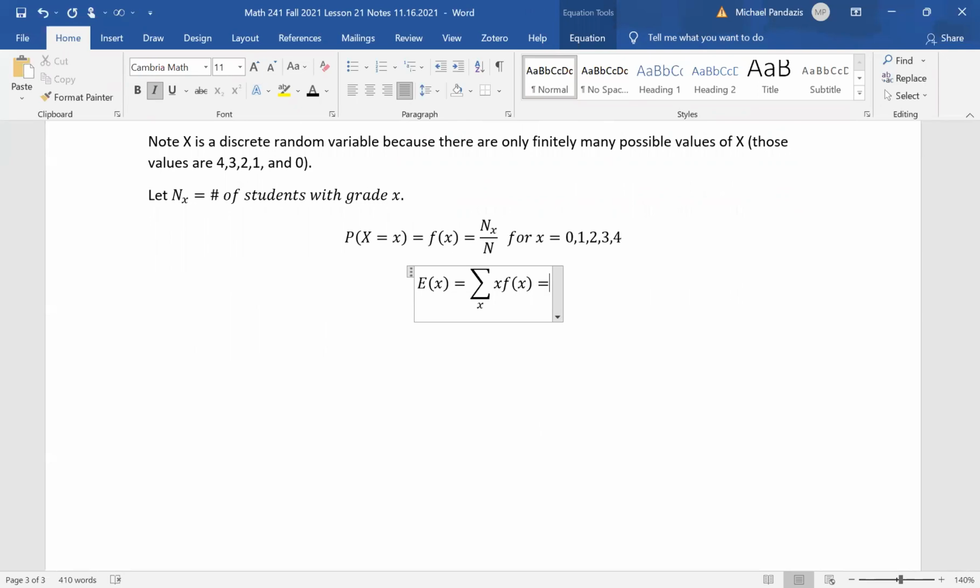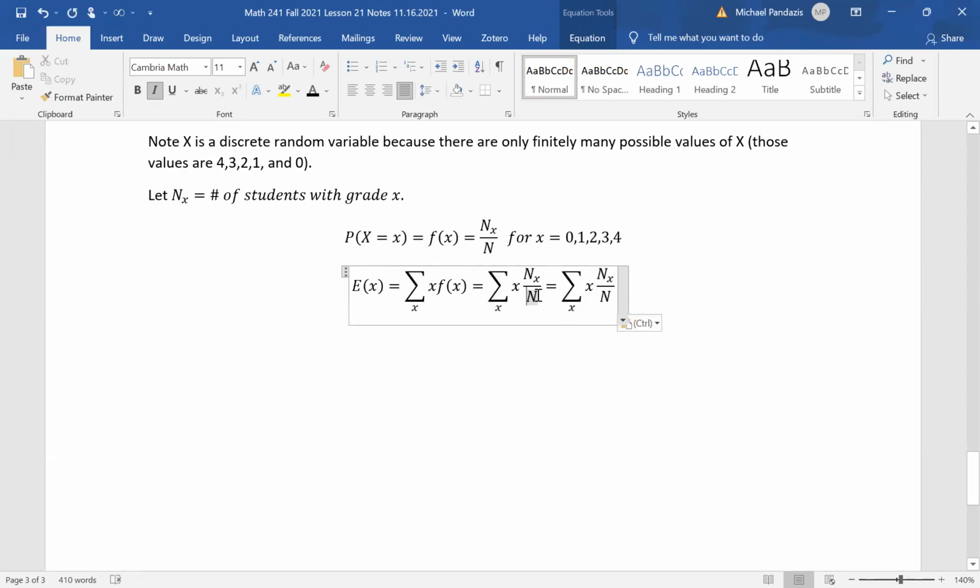So this is equal to, well, it's the sum over x of x times the probability f of little x, but it's equal to this fraction. So you can replace f of x with what it's equal to, n sub x over N. But now, keep in mind that capital N is a constant.